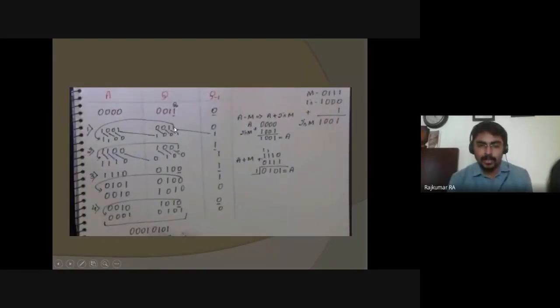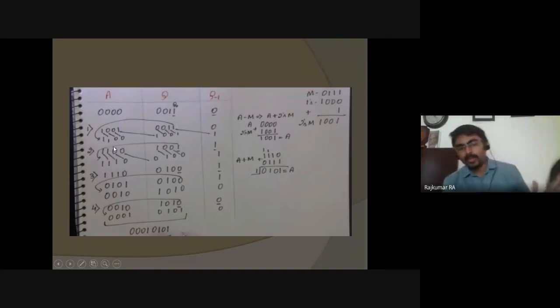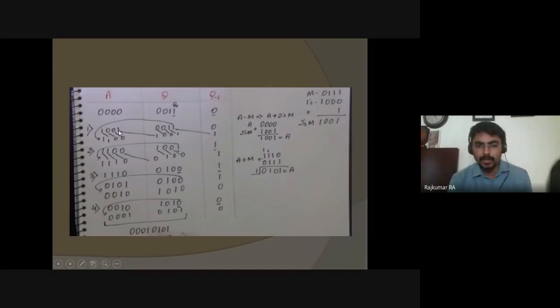All the values from here to here will be shifted from left to right. This one comes to here, this one is here, this 0 is here, and this last one, whatever we are shifting, comes to here.